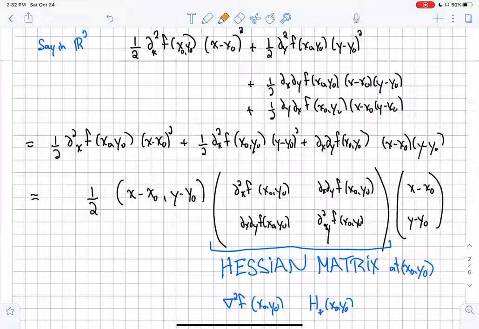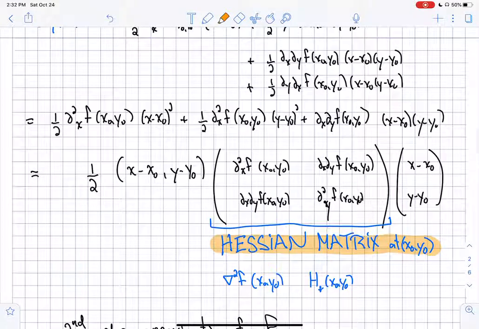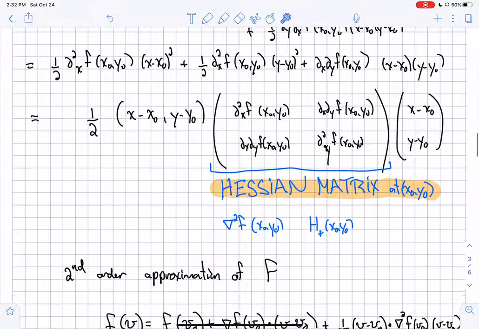And this matrix has a name, and it's very important. I want you to notice, I don't think it's in the book, but it's very important. That's called the Hessian matrix at the point x0, y0. I'm going to use the notation either H for Hessian or nabla, like the gradient, but with a square, because it's second order, of f of x0, y0. All right.